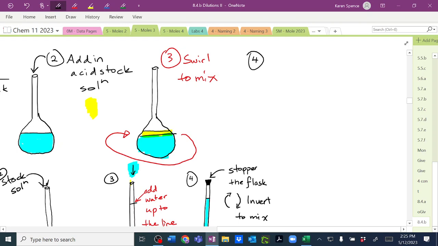All right, and now that it has been mixed, now we can add the rest of the water, right? We now have the mixed stuff, which, oh, look at that, I've combined my yellow and my blue, and I've made green. Oh, so clever, right? And then I'm gonna add water to the line.